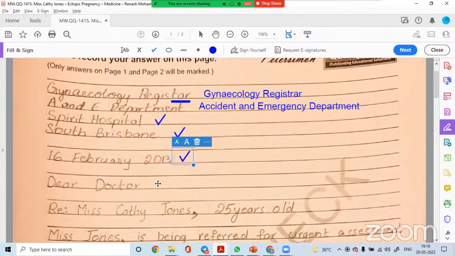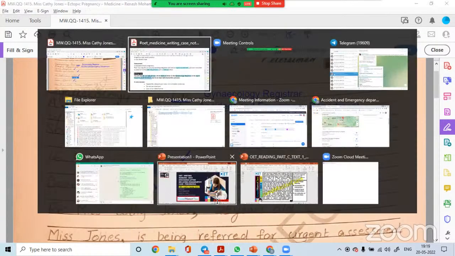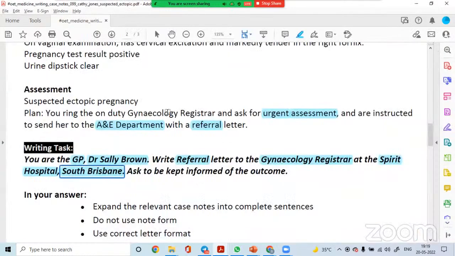Okay. Dear doctor. Okay. Doctor and registrar. Dear registrar, you can say directly. Because you are writing to a registrar, you are not directly writing to a doctor. Doctor has a special designation, that is registrar, gynecology registrar. Okay, on duty gynecology registrar, and ask for urgent assessment.